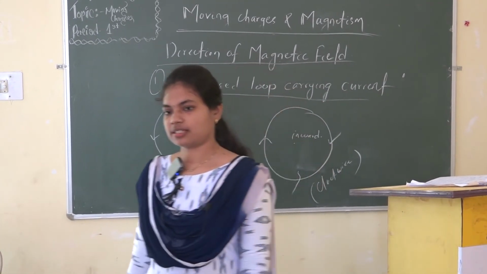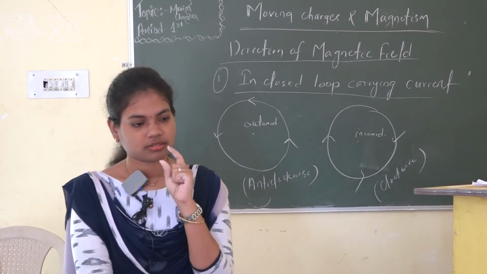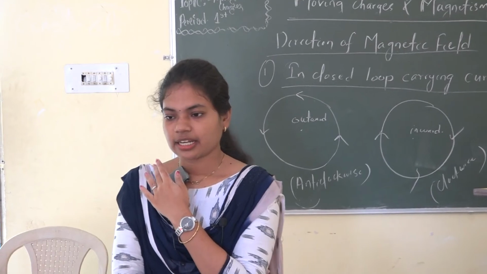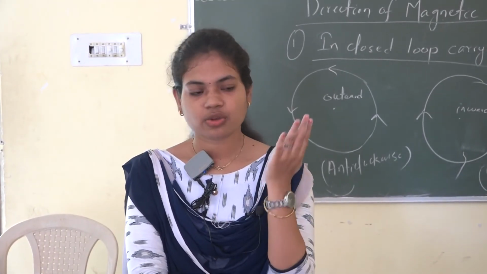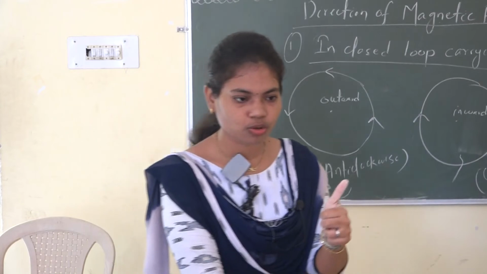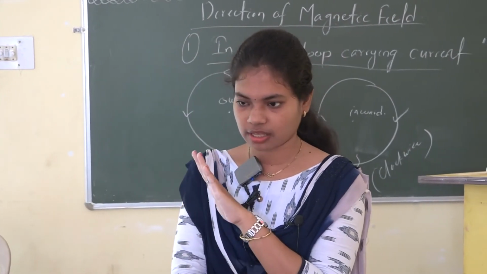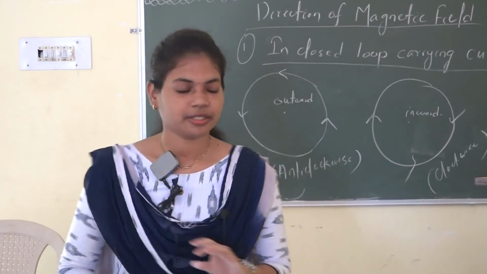First case is a straight wire carrying current; second case is a closed loop carrying current. In the first case, we studied the right hand thumb rule. In the second case, we studied the right hand screw rule. All of you understood the direction of magnetic field.